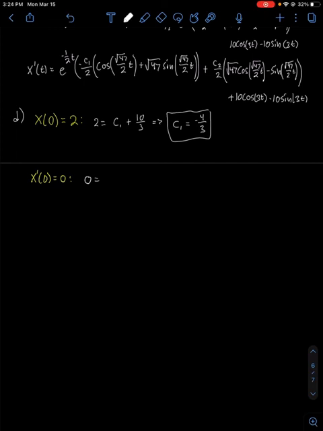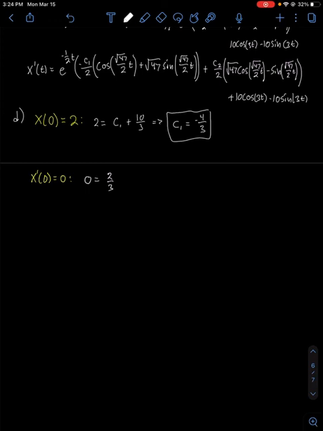Negative C1 over 2 is negative negative 4/3, which is positive 4/3 divided by 2, which is 2/3, times cosine of 0 is 1, plus sine of 0 is 0. So it's 2/3 times 1, plus this side now, c2 over 2.